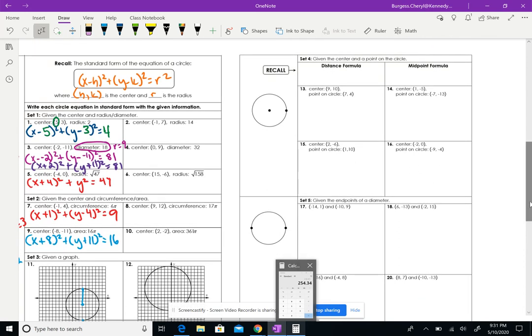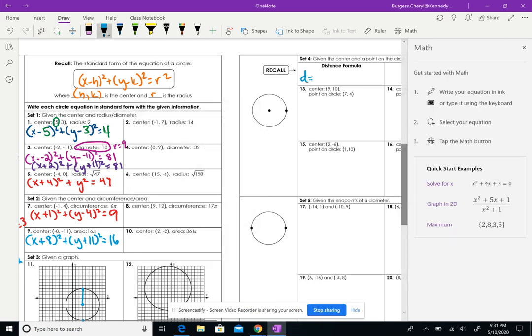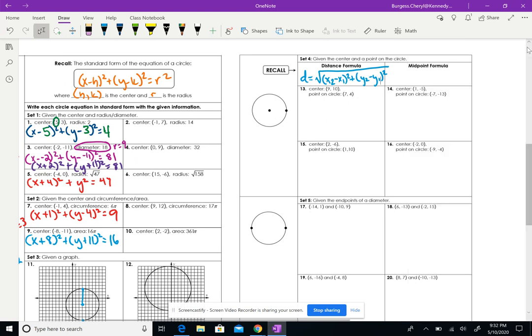who remembers the distance formula? Distance equals the square root of the difference of the x's, x2 minus x1 squared plus the difference of the y's, y2 minus y1 squared. Midpoint formula.